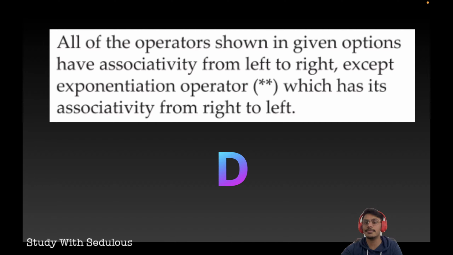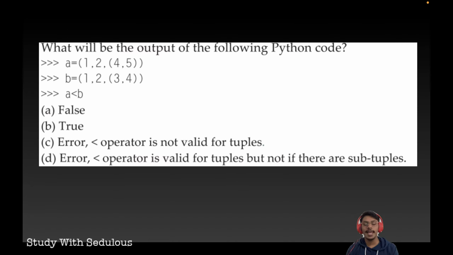What will be the output of the following Python code? A is equal to 1, 2 and then tuple of 4, 5, and B is 1, 2, tuple of 3 and 4. A less than B. How do we check this? A less than B, check it as 1, 1. Is 1 less than 1? No, false. 1 is not less than 1.